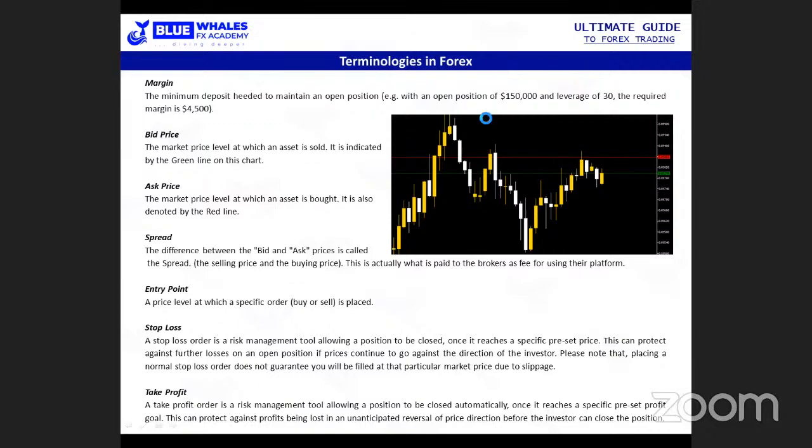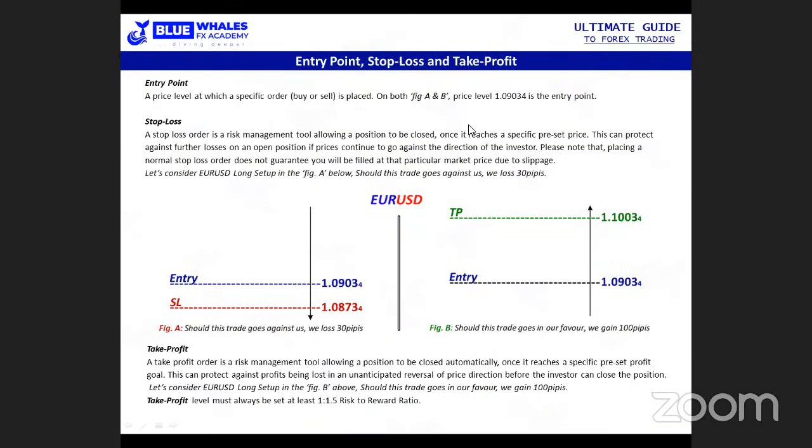The next ones we want to talk about are entry point, stop loss, and take profit. These are key levels in trading. This is the whole basics about trading: the entry, stop loss, and take profit. These are the only three things you need in trading.